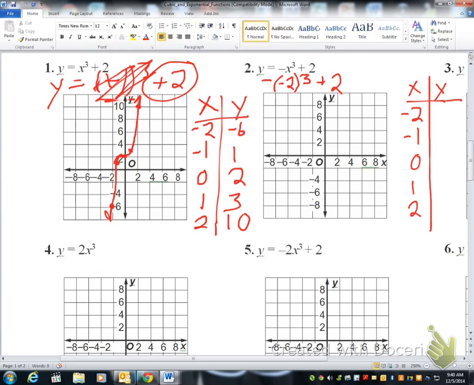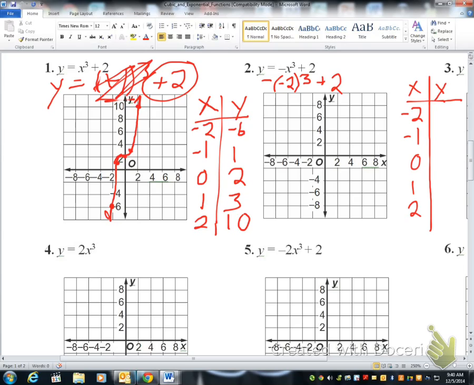So whatever negative 2 cubed is, which in this case is negative 8, right? So the negative of that is positive 8, okay? That negative out front is going to change the sign of whatever you get when you cube that number. So in this case, negative 2 cubed is negative 8. The negative of that makes it positive 8.